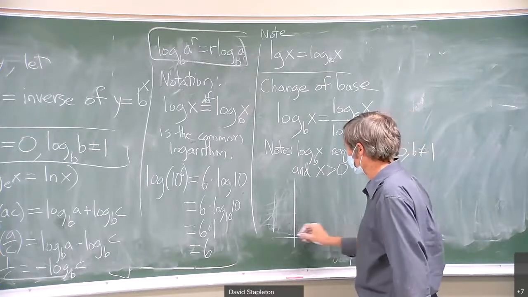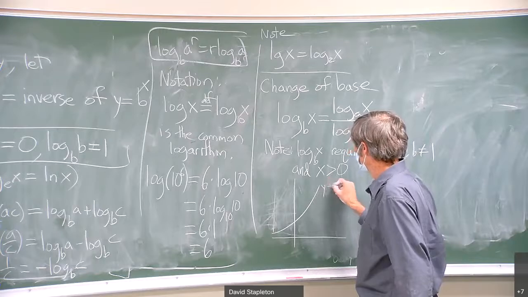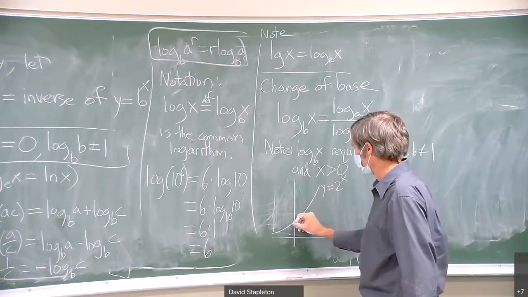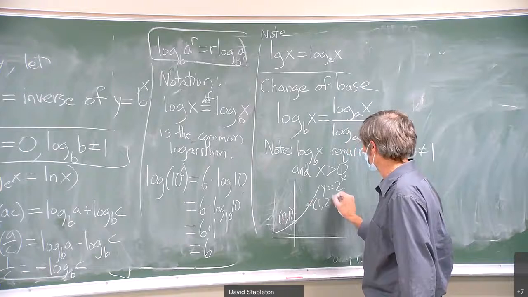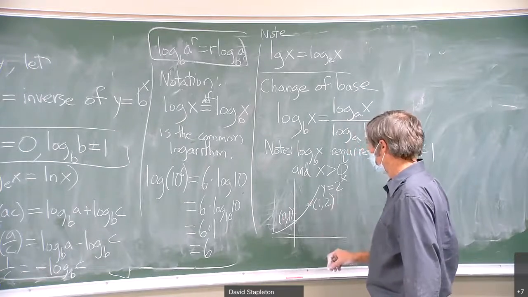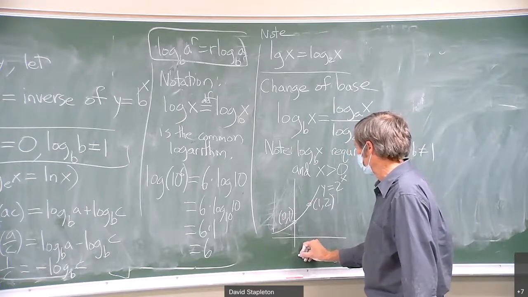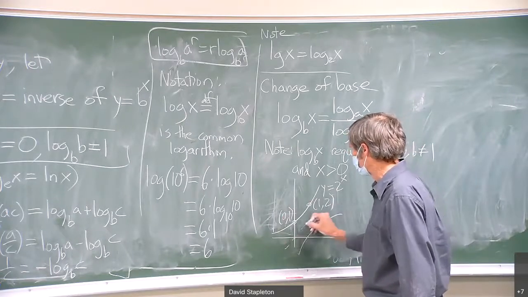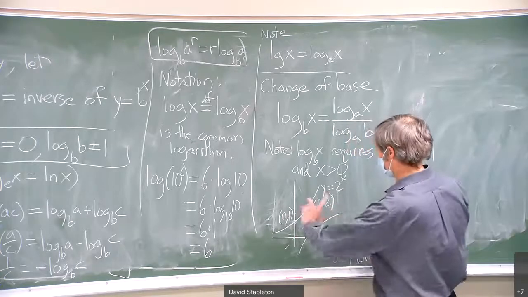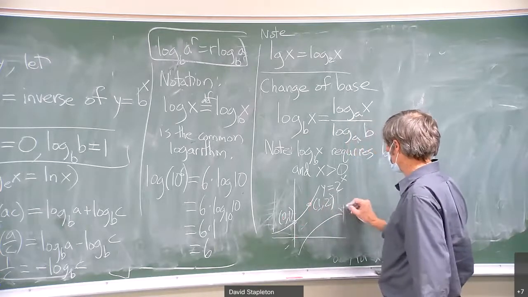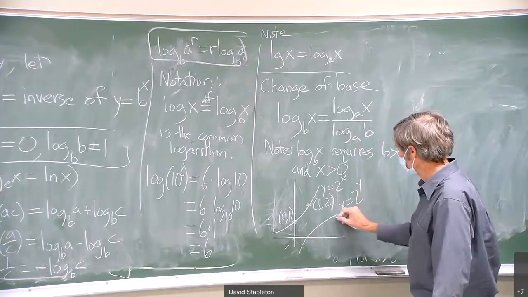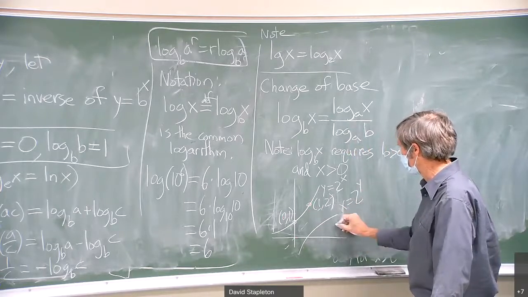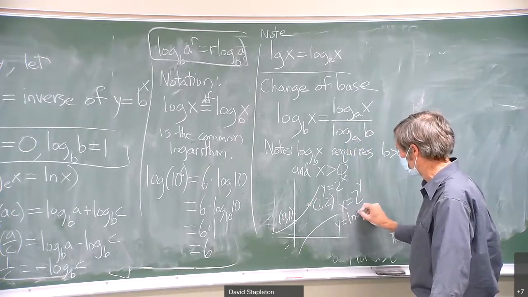For instance, if I put y equals 2 to the x, it looks like that. It goes through the point (0, 1) because 2 to the 0 is 1. Goes through the point (1, 2) because 2 to the 1 is 2, etc. And if you take its flip over the line y equals x to draw the same shape function over here, just with the axes interchanged, this is x equals 2 to the y. Also known, since it passes the vertical line test, as y equals log base 2 of x.